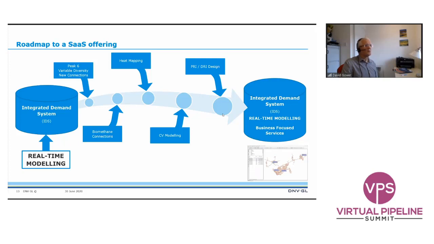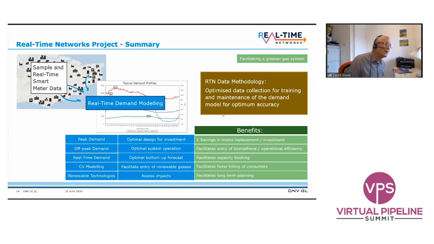And the plan is to be able, over a period, to implement the various different outcomes from real-time modeling within that system. So there would be business-focused services available to consumers, to distribution networks going forward that implement the best of all that comes out of the real-time network modeling.